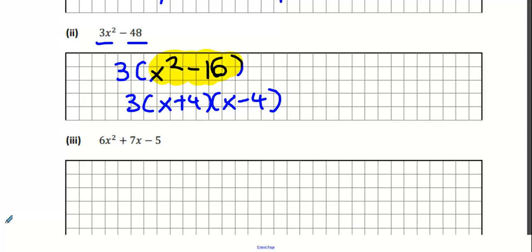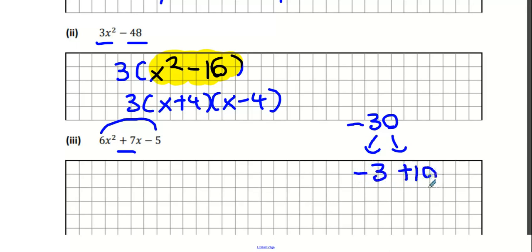Next method. Are you ready? Factorize this. 6 times minus 5. What do you get? Minus 30. And then, what two numbers multiply to give you minus 30 but add to give you plus 7?